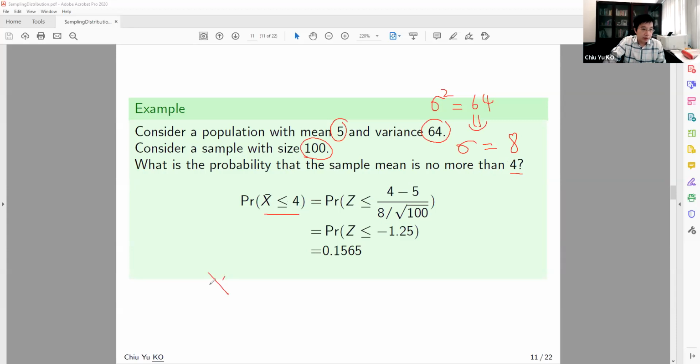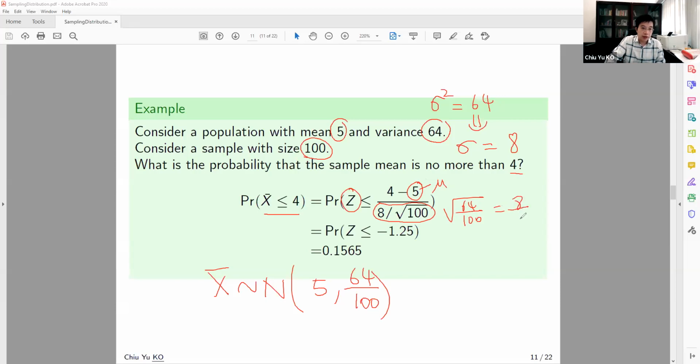And remember this, we'll have a normal distribution with mean 5 and variance 64 over 100, okay? And that means we then convert to Z, which is, this is the mu, and this will be the square root of 64 over 100, which is 8 over 10, which is 0.8.